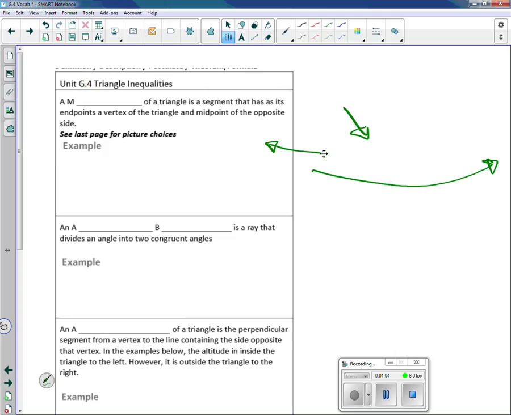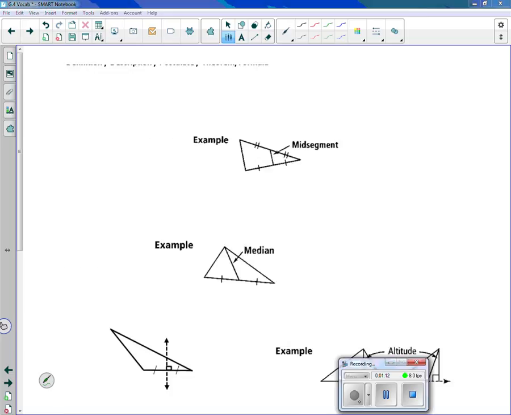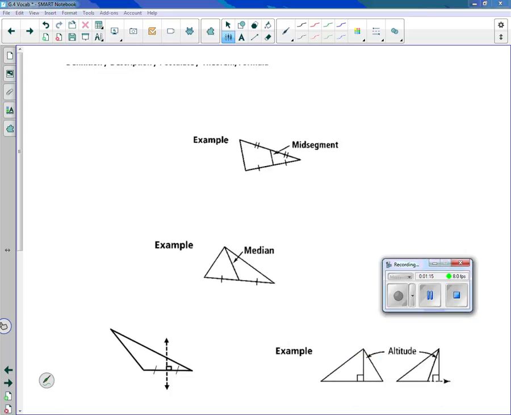All right. First thing is, if you go to the last page of the document that I gave you, you'll see something that looks like this. This page represents the different shapes that we're going to be looking at when we go through this. Each one of these shapes goes with one of those definitions.